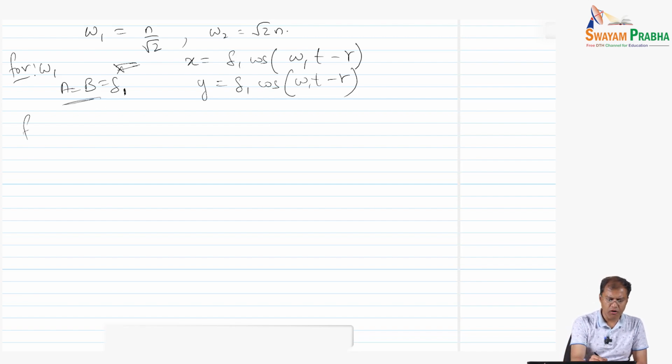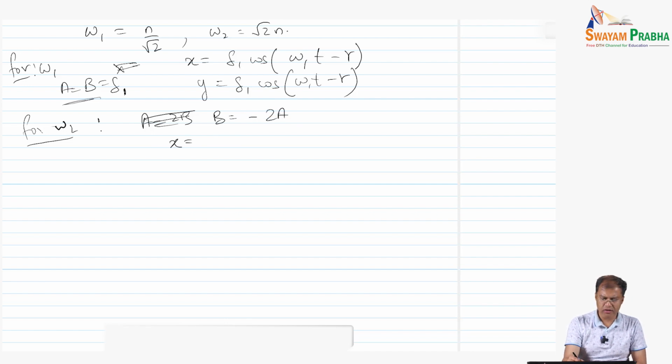And similarly for the fast mode, we see that A comes out to be equal to 2B, and B is minus 2A. So then the solution comes out to be x is delta 2 cos of omega 2 t minus gamma 2.